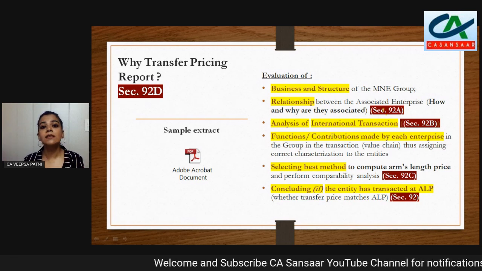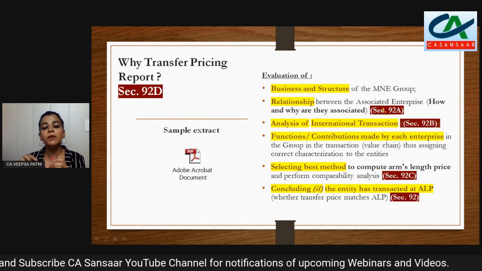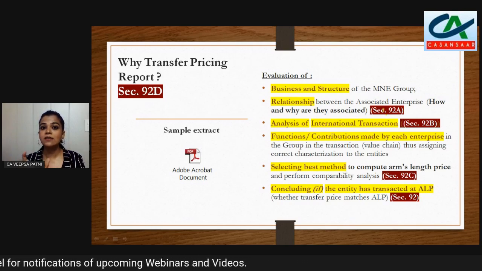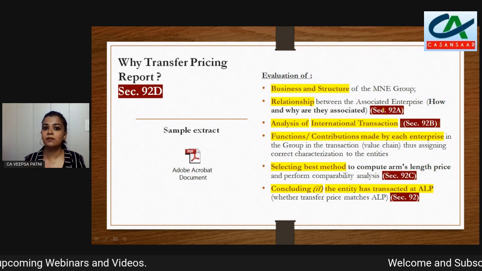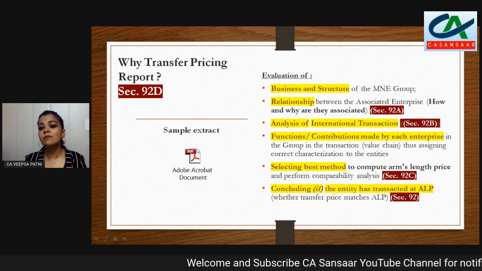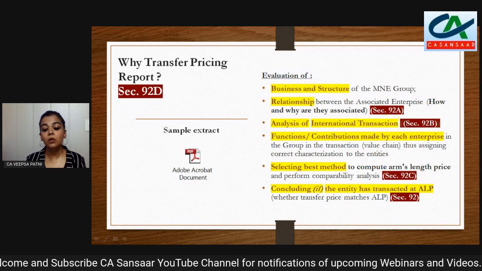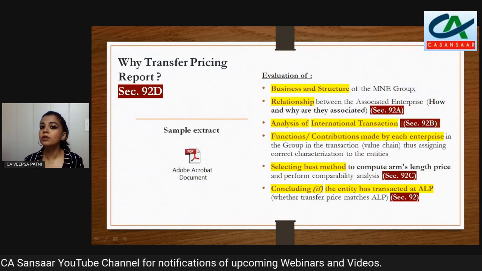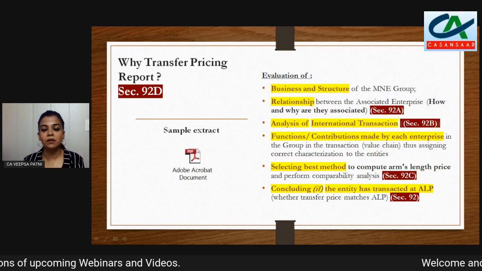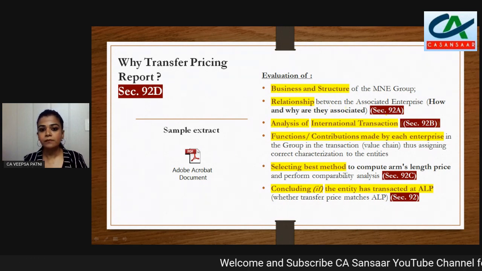It has given numerous parameters, a lot of criteria. If the relationship of two enterprises falls under any of that criteria, then those two enterprises would be associated enterprises. So that is how this section becomes the starting point of your transfer pricing analysis. Until you know how two entities are related, you will not be able to conclude, and the whole analysis will come to a halt. That is why it all starts with 92A.